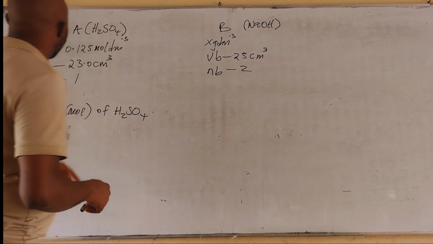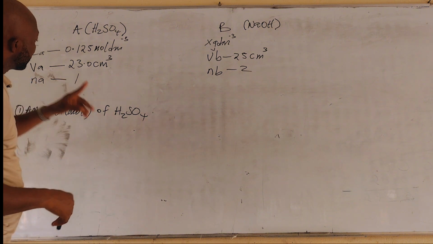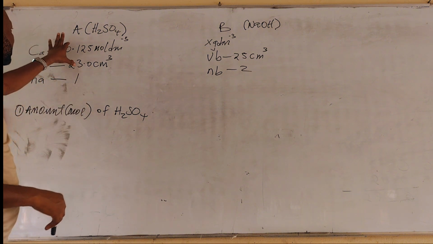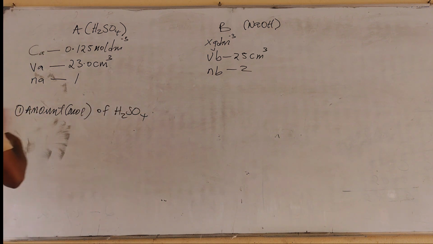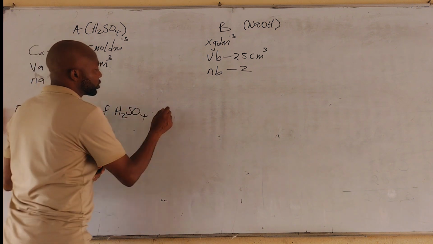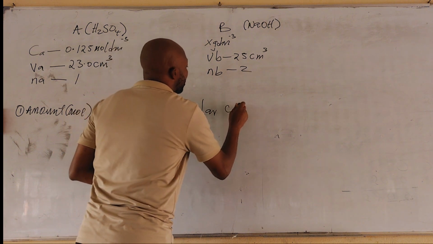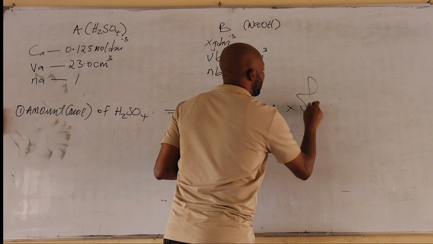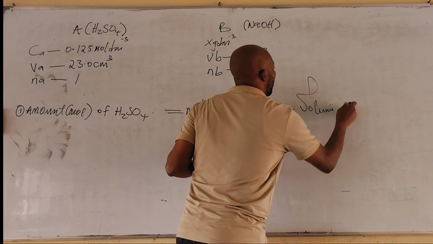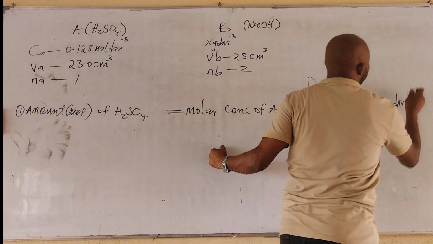So, in that second sense, we will be using the second formula, which is amount is molar conc times volume. So let's see, amount of A is equal to molar conc of A times volume of A in dm3.